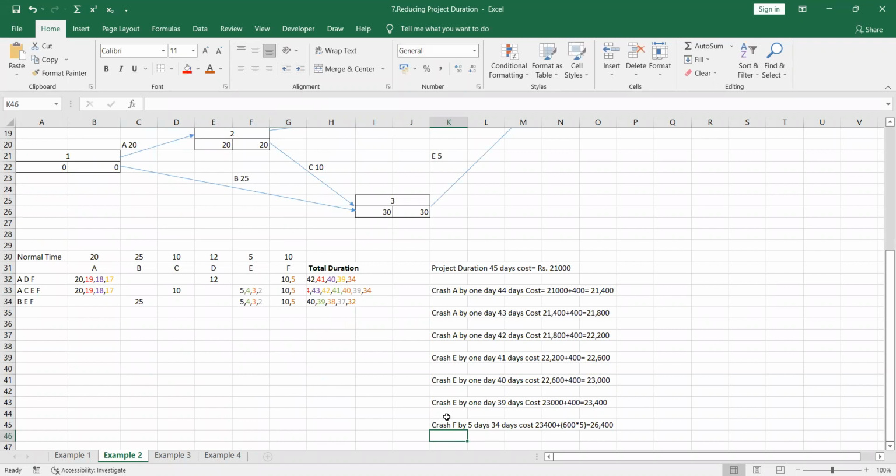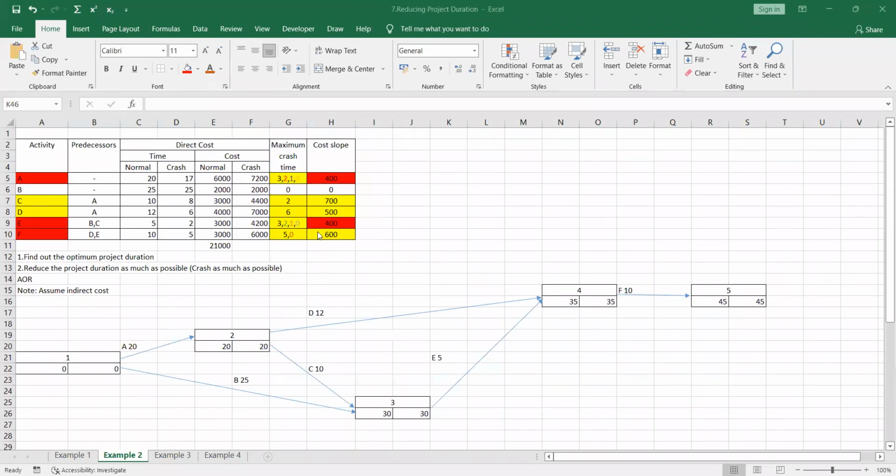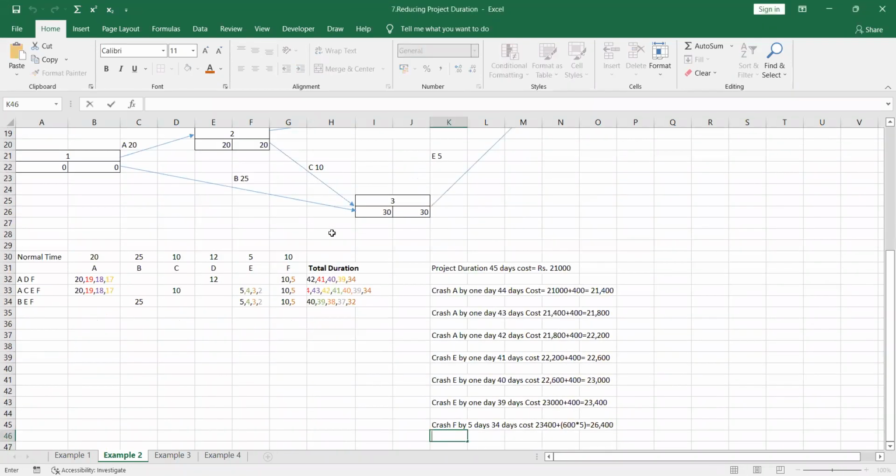You have to multiply it by 5 because we have crashed it by 5 days, right? So we still have ADF and ACEF as the critical path. So let's see what activity we can crash now.